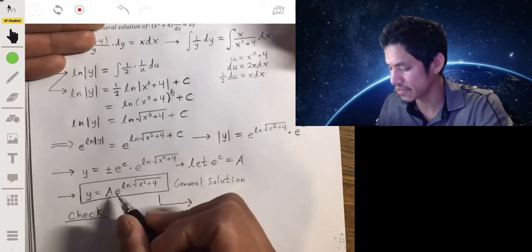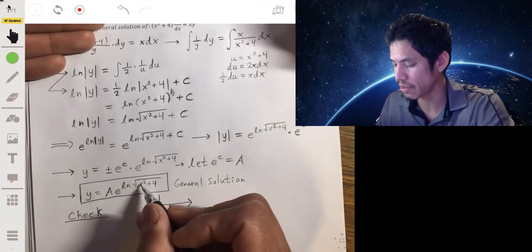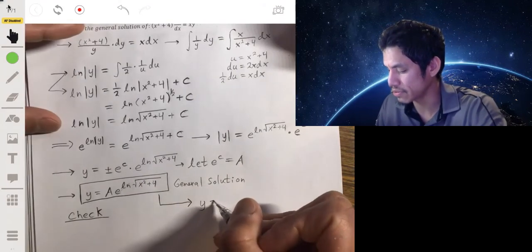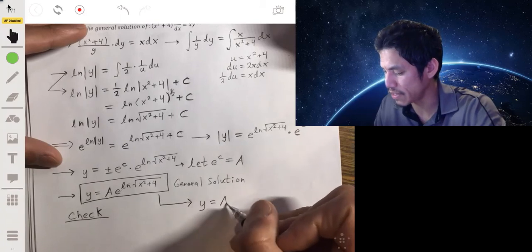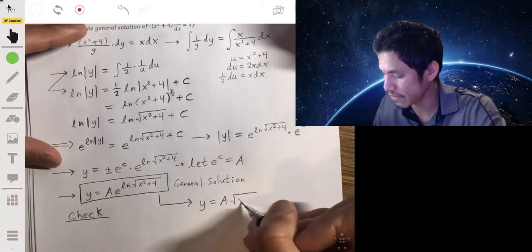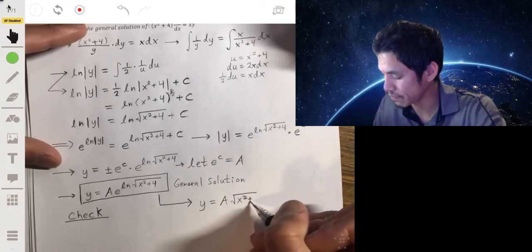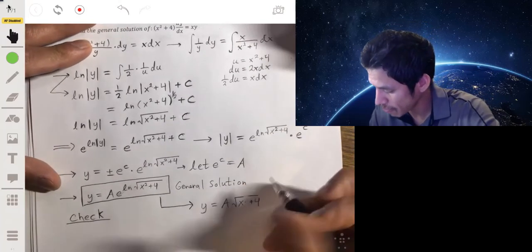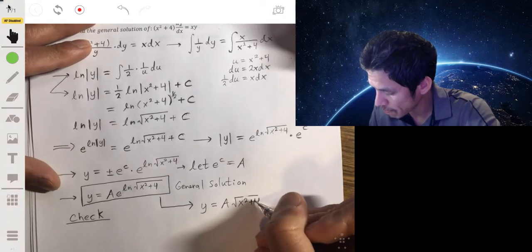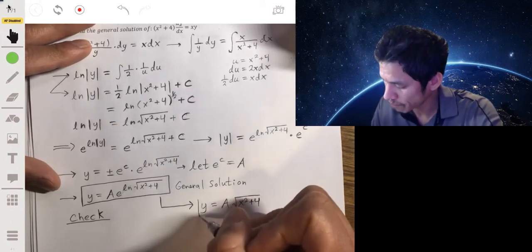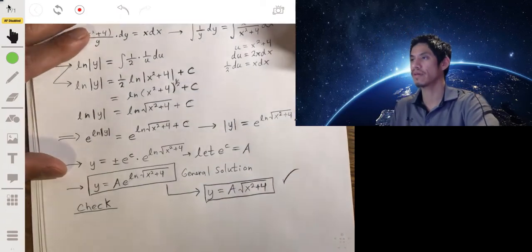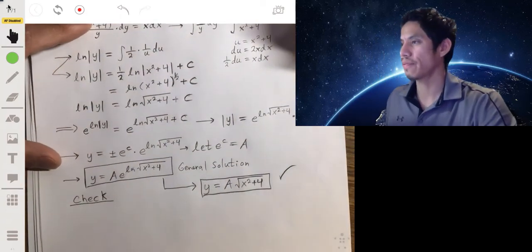So then this will just be equal to the square root of x squared plus 4. So then we can rewrite our general solution as y being equal to a times the square root of x squared plus 4. There we go. So that'll be much easier to work with.